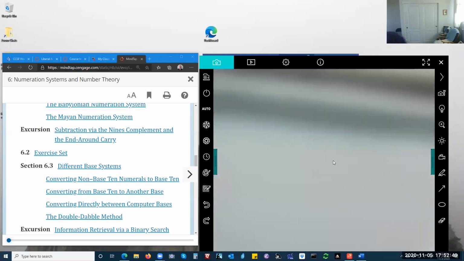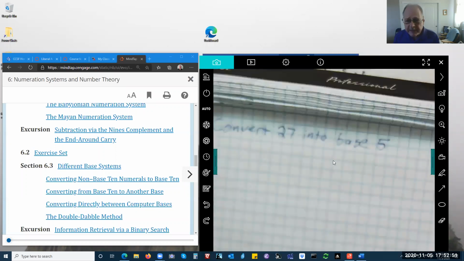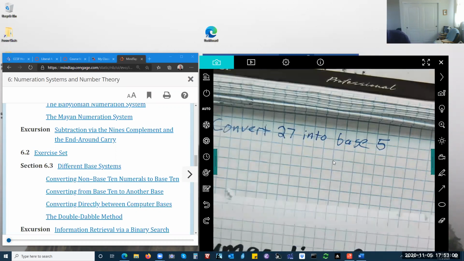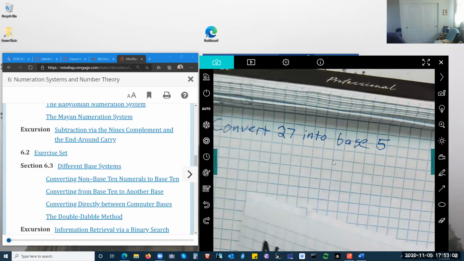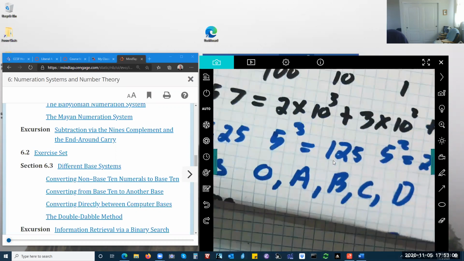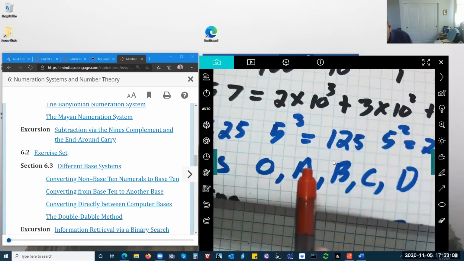So I want to take the number 27 and convert it into base 5. I'm going to use these symbols for my digits, like 0, 1, 2, 3, 4.